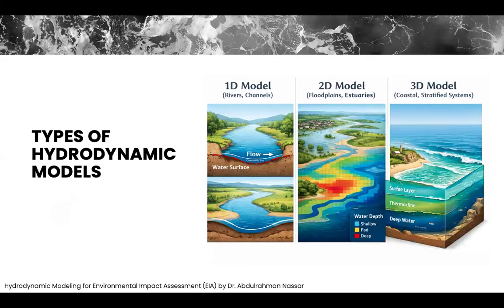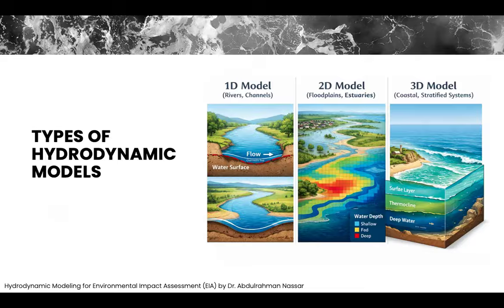There are different types of hydrodynamic modeling, depending on the purpose of your project. So we have 1D model, 2D model, 3D model. In a 3D model, we simulate different layers.